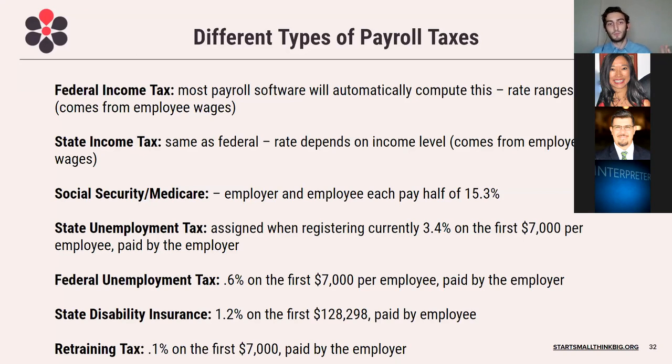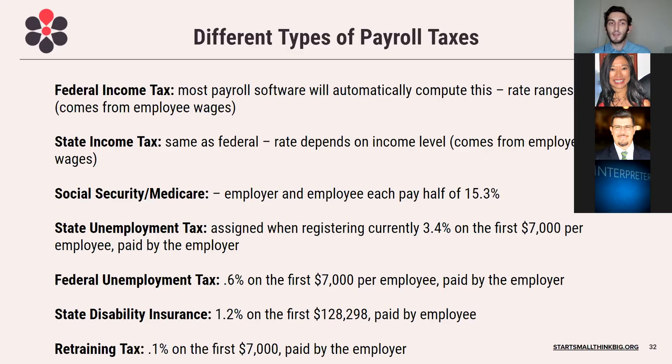And I'm not going to go into too much detail with all the percentages as I broke them down here, but I'm going to give a broad overview of each of them. So you have your federal and state income tax and Social Security and Medicare, also called the self-employment tax, that is shared between the employer and the employee.